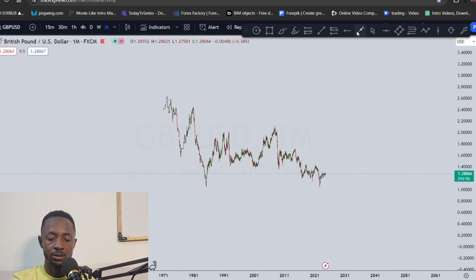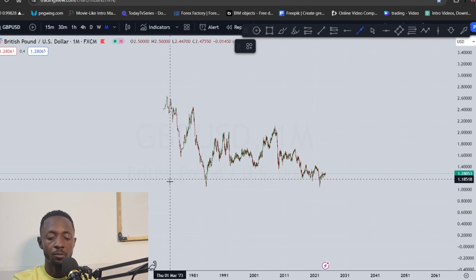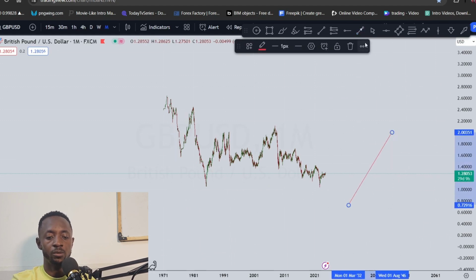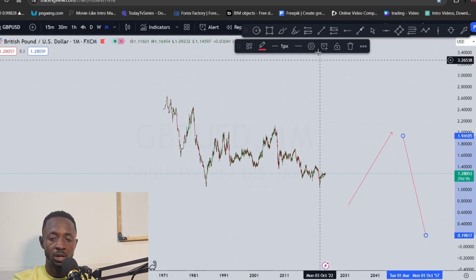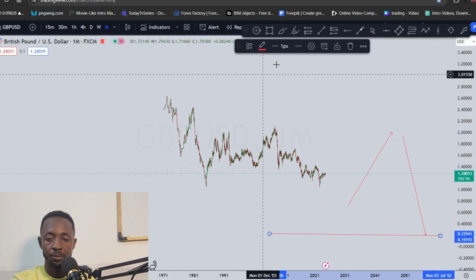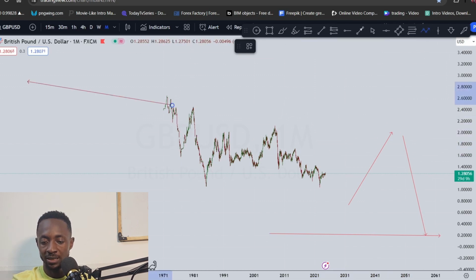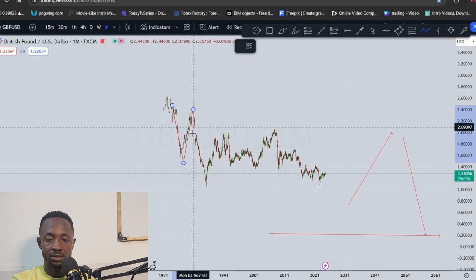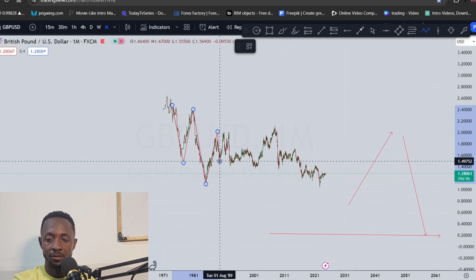So when you open the charts, the first thing you want to look out for is, where is this market going? I've taught you before that the market moves in 3 directions. It either goes up, goes down, or it goes sideways like this, straight. So as you can see, the market has been doing some of that.